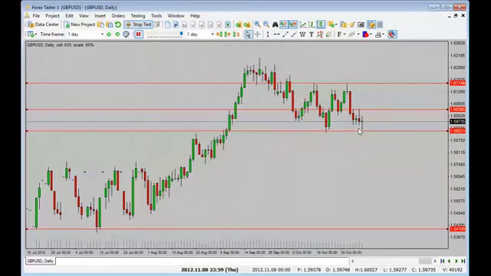So one of the things that we do want to pay attention to here is the shape of the candlesticks. When we have a strong candlestick, something like this, a strong bearish candlestick, we're looking for a follow through to the same side. And when we have a strong bullish candlestick, we're looking for a follow through in that direction. So essentially, as long as we keep getting strong candlesticks, whether that's bullish or bearish, we are looking for the trend to continue.